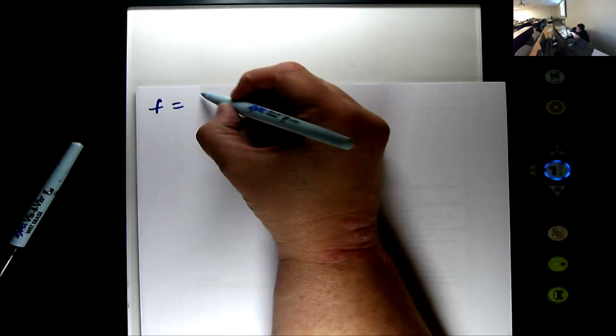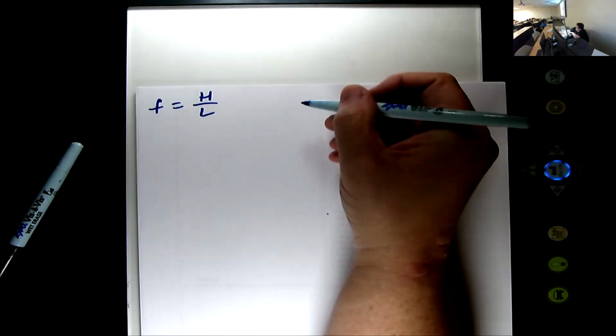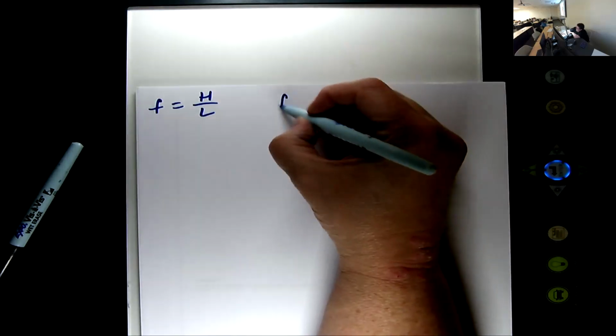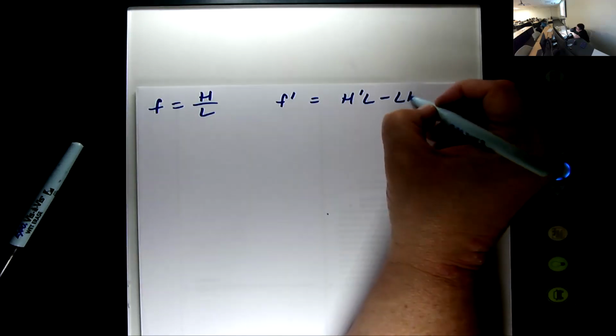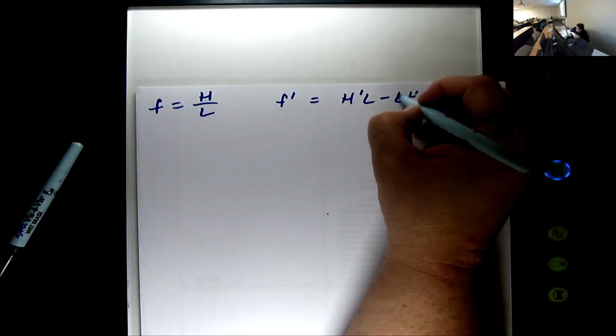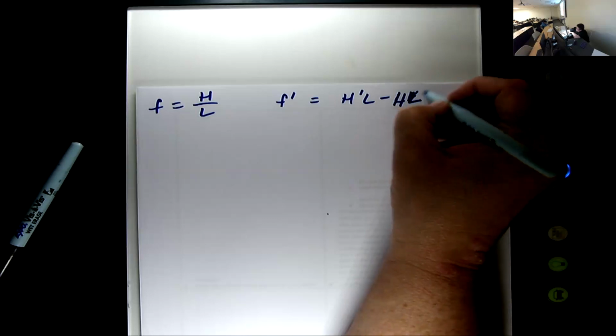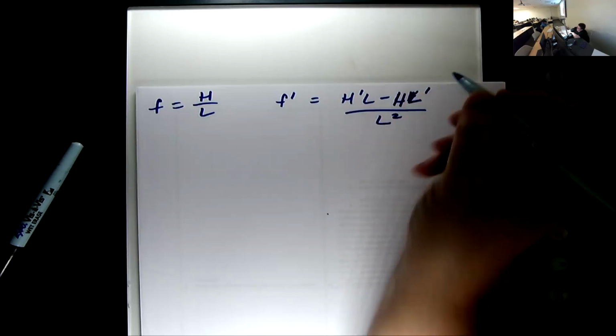I'm going to do it in general first. If we've got our function as high over low, our quotient, f prime is high prime low minus low prime high, or minus high low prime, all over low squared.